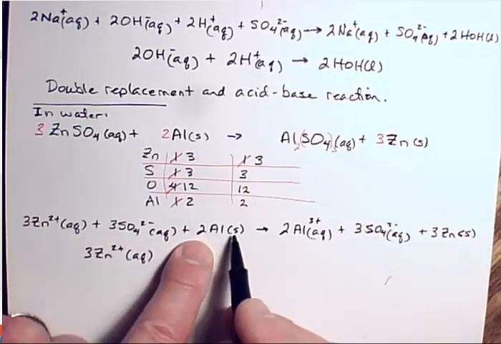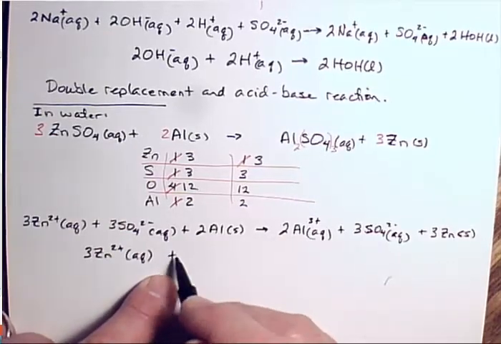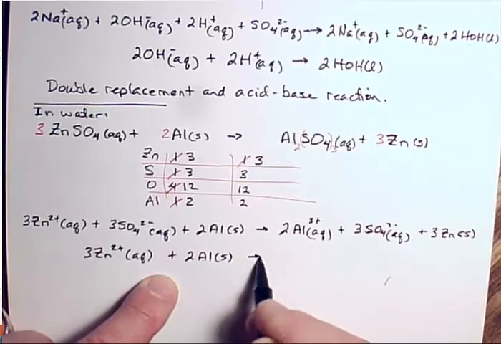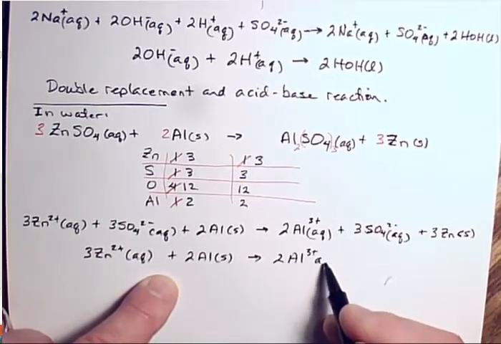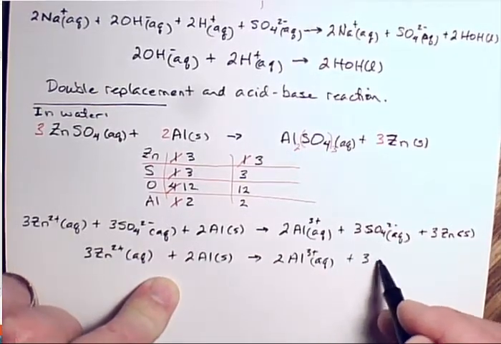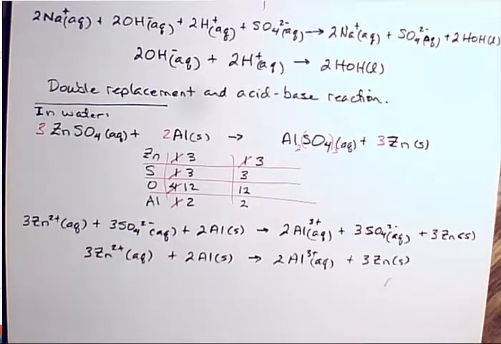The aluminum, the solid aluminum here, did change to aluminum ions, so we're going to keep that. And that's the net ionic equation.